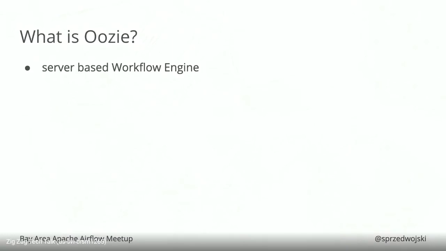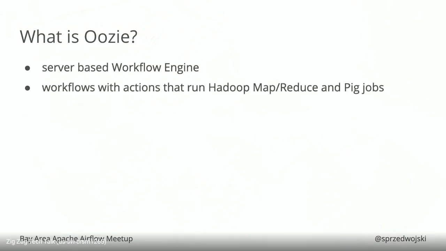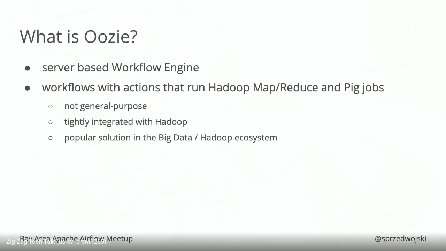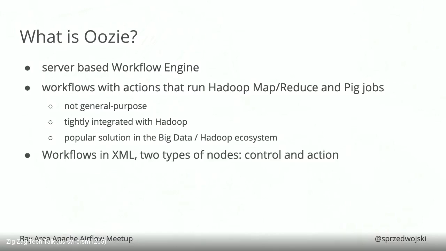Oozie is a server-based workflow engine, just like Airflow. And it runs Hadoop, MapReduce, and Pig jobs. But it's not a general purpose workflow engine. It's tightly integrated with Hadoop. And it used to be a pretty popular solution in the big data ecosystem. So like I already mentioned, the workflows are defined in XMLs.